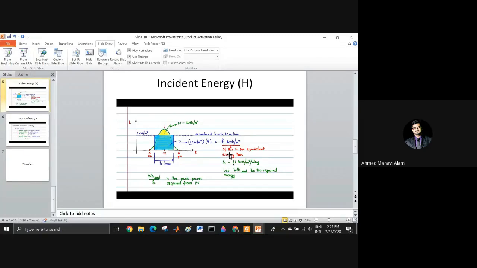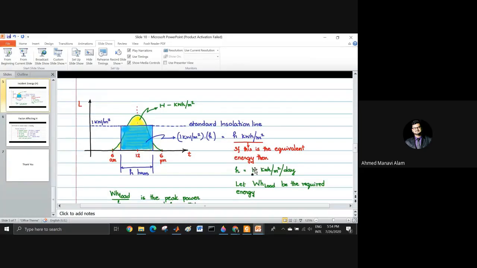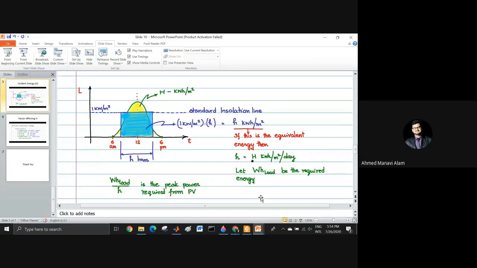Now suppose that WH load is the required energy. WH load means the energy that is required from a PV cell to produce the amount required by your own home, by your house. This energy is required by you.